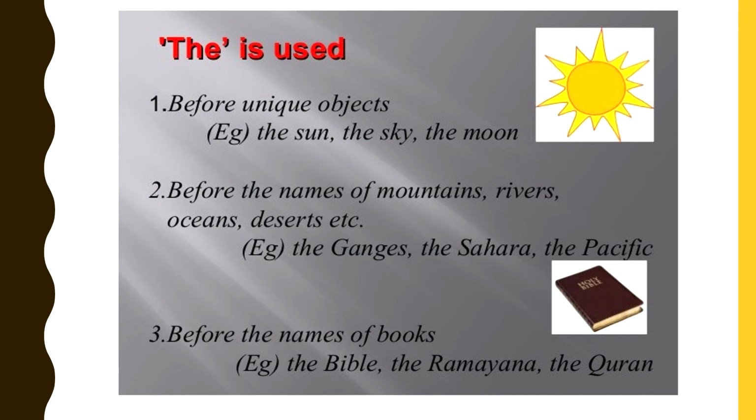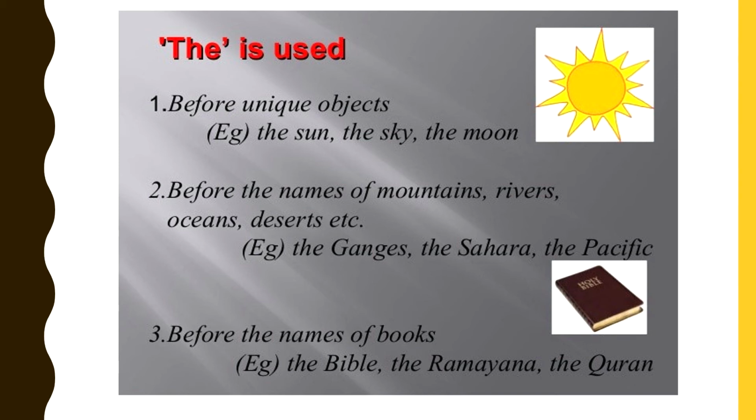Similarly, article the is used before the names of mountains, rivers, oceans, deserts, etc. Example, the Ganges, the Sahara, the Pacific. If you see, they all are proper nouns, but they are specific names, specific nouns.